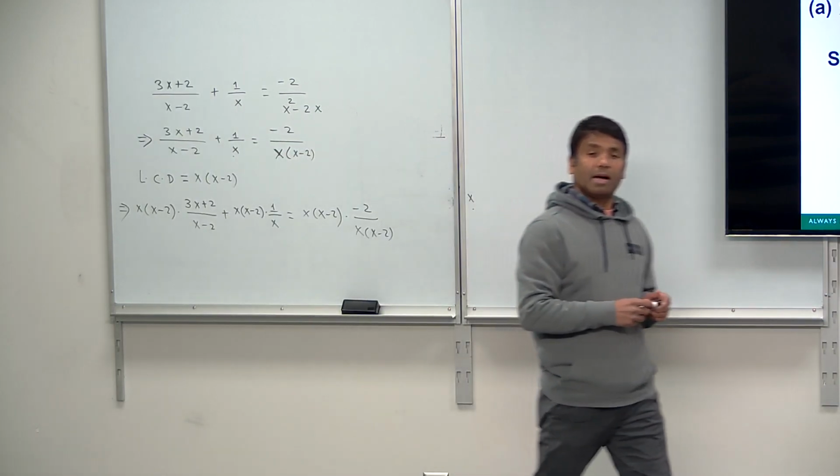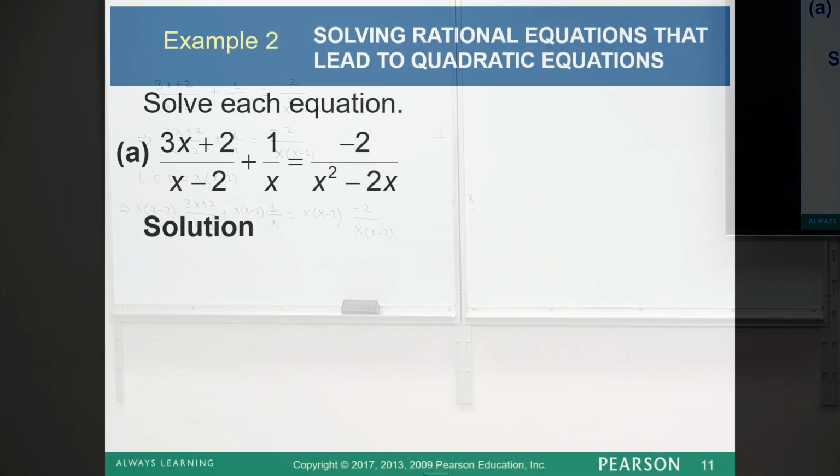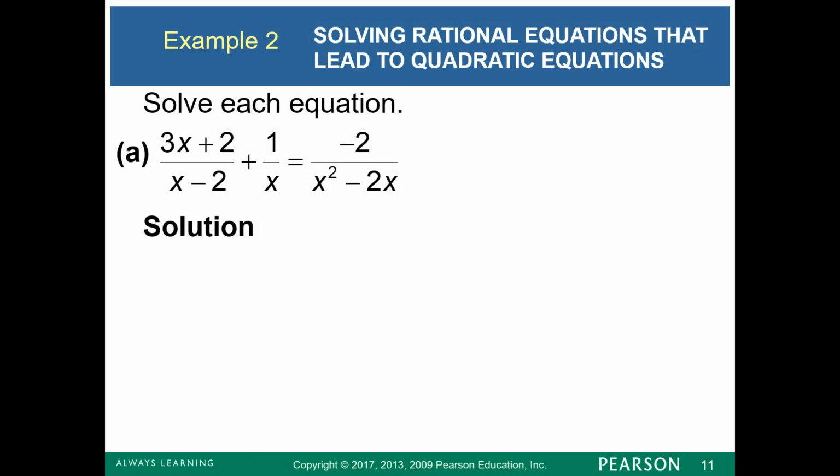Did you get it? First, you need to find the LCD, and then you multiply both sides of the equation by the LCD.